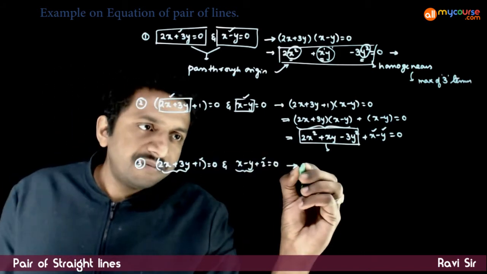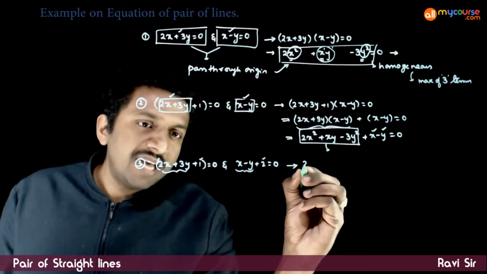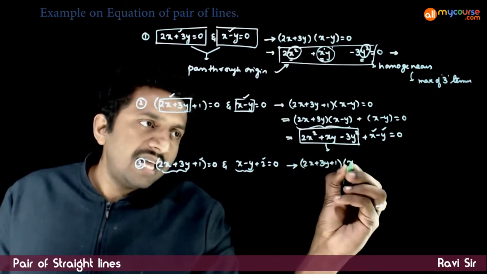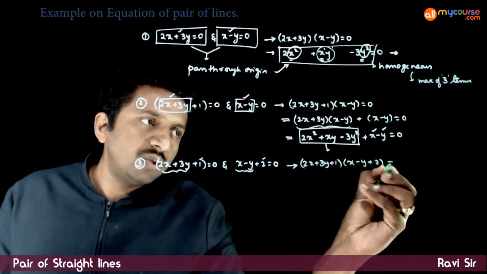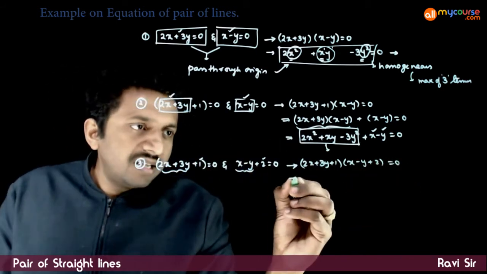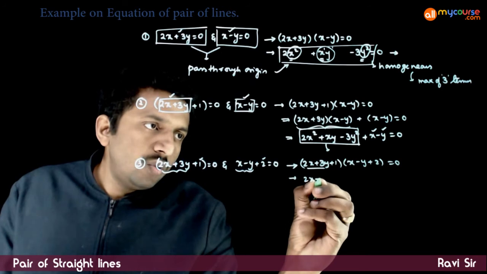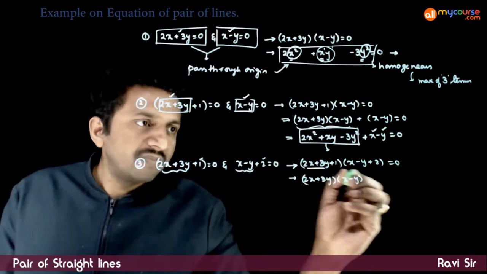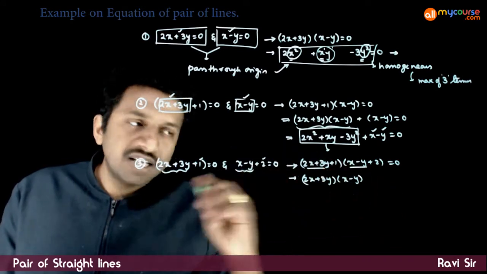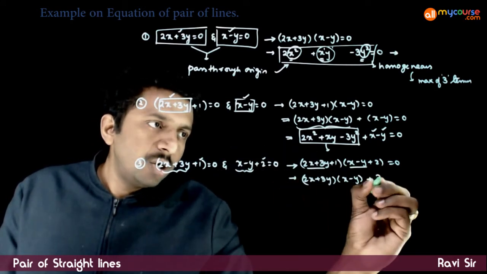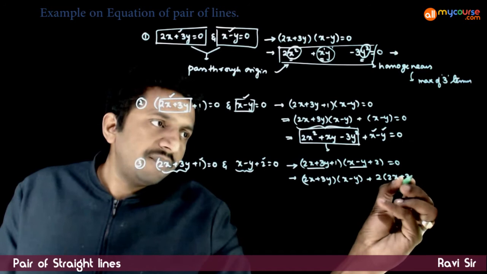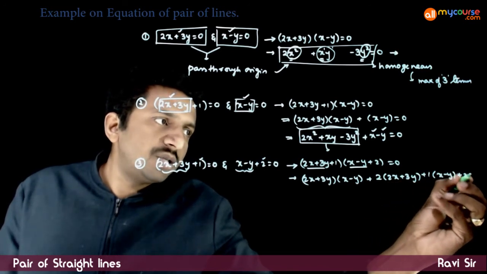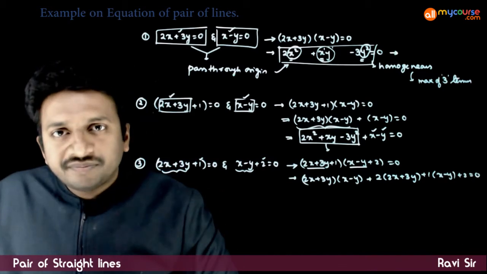So you have the combined equation as (2x + 3y + 1)(x - y + 2) = 0. That is (2x + 3y)(x - y) + 2(2x + 3y) + 1(x - y) + 2 = 0.